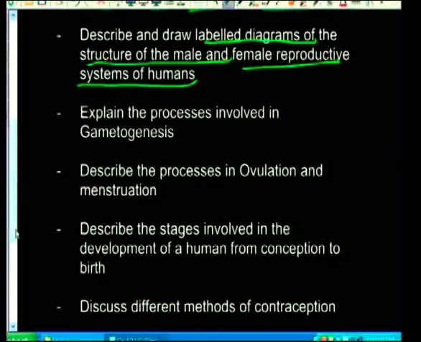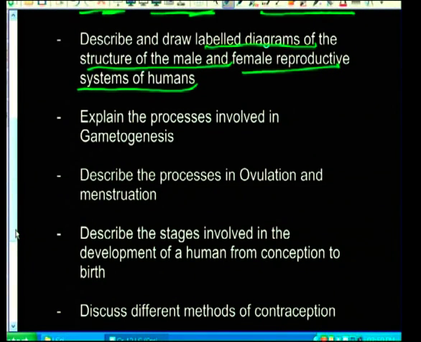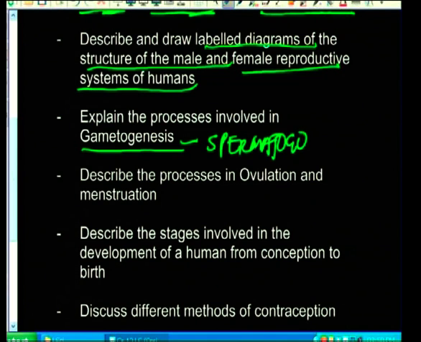And here, this is linked to the first bullet. Explain the processes involved in gametogenesis, and there obviously we are talking about spermatogenesis and oogenesis.